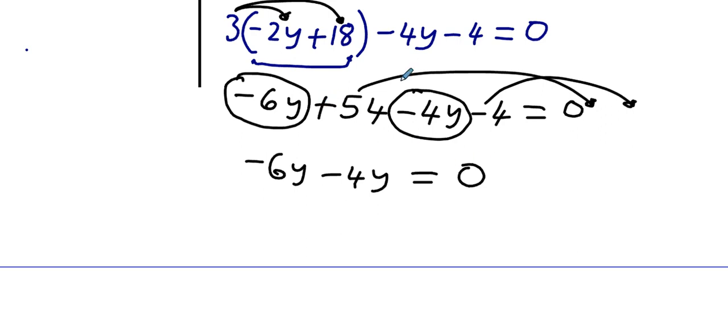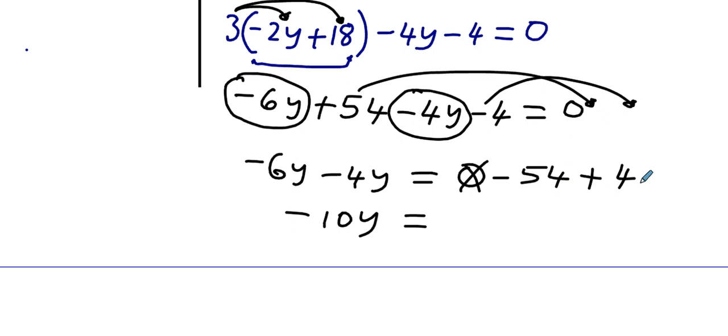Now positive 54 go there, will be minus 54. Negative 4 go there, this will be plus 4. Negative 6y minus 4y, this will be negative 10y. Negative 54 plus 4, this will be negative 50. To find the value of y, we need to divide by negative 10.